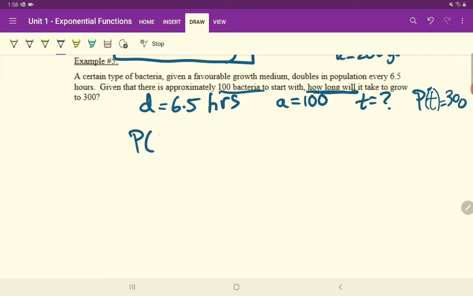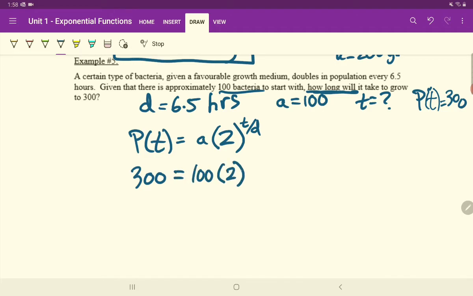Let's write out the equation. It's doubling time, so it's a 2 to the power of T over D. Sub in all your numbers. As you can see, we don't know what T is.